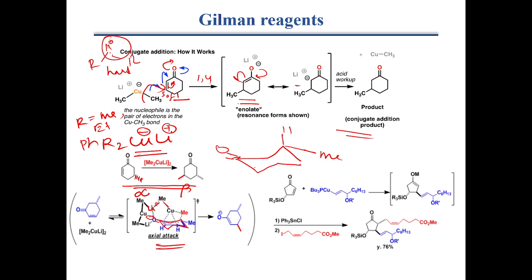And this is the hydrogen. Now there is a possibility that it attacks from the axial orientation as this methyl is in an equatorial orientation. So attack preferentially happens, sorry, not in the carbonyl center.